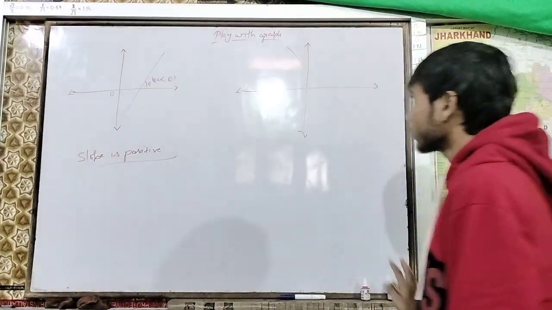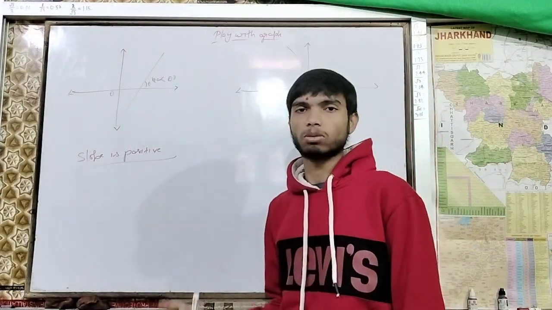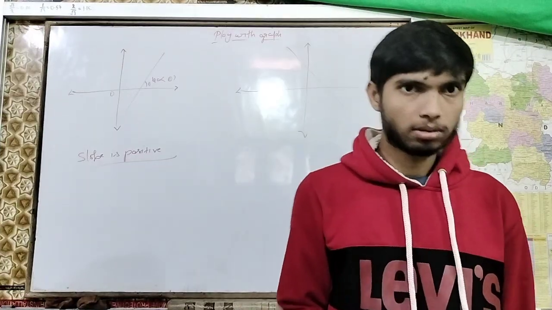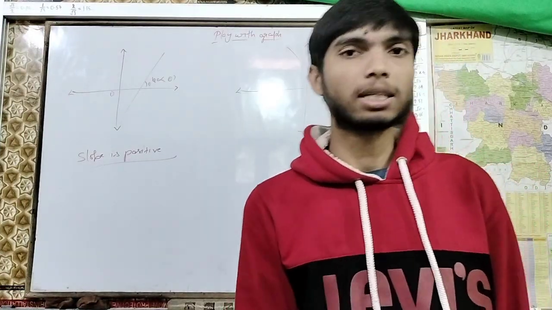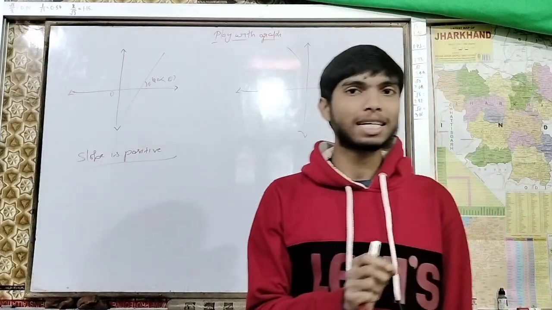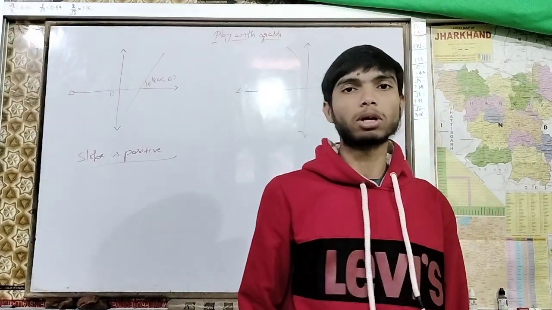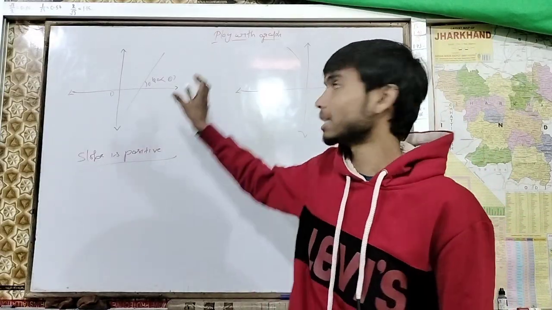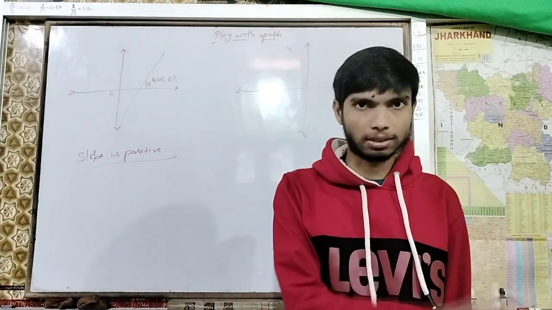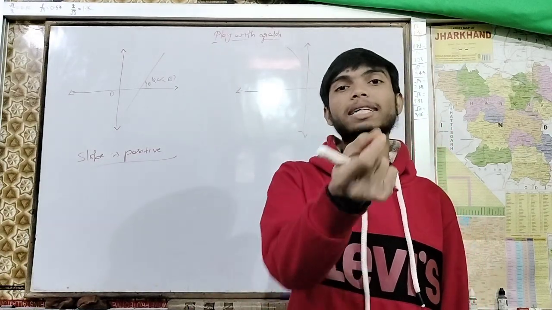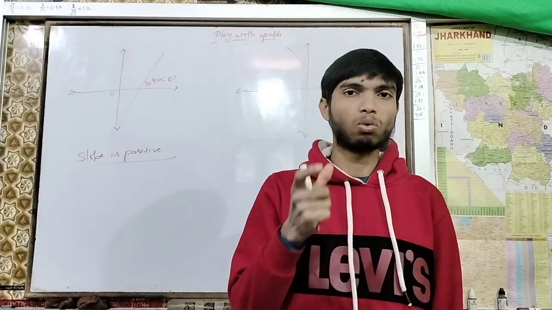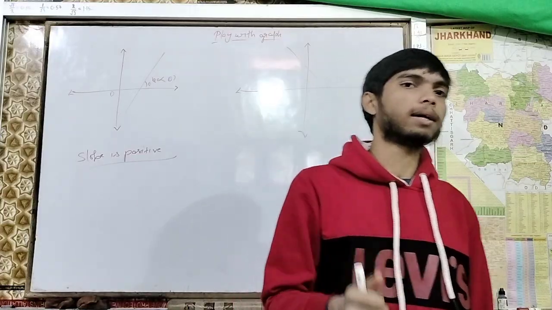The condition was just that the value of the angle should be less than 90. That's it. And if you have a curved line, in that case, just draw a tangent line at that particular point. Then you will get this type of tangent line, and then you will get clarity to find the value of the angle.